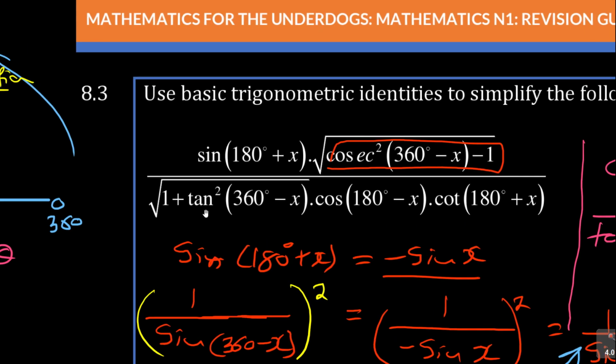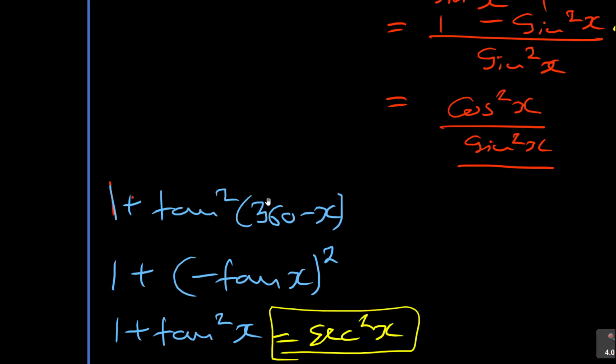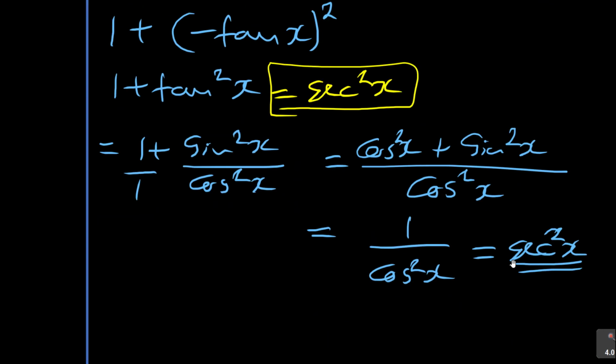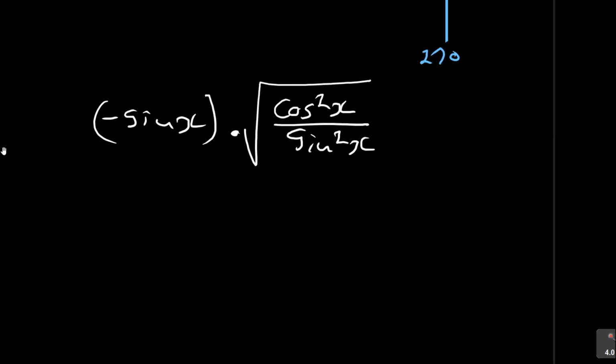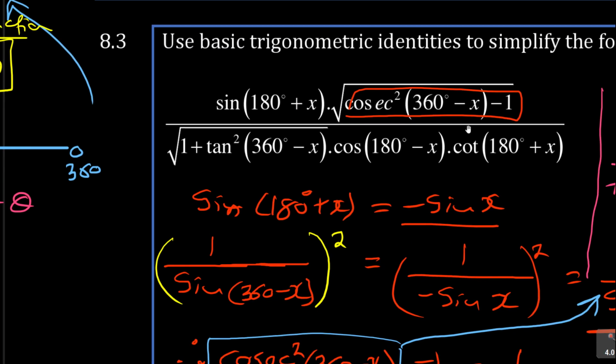And then this one in here, square root of 1 plus tan squared, remember 1 plus tan squared became sec squared. So in here also it was over, am I right to say this is done on the side? Yes.